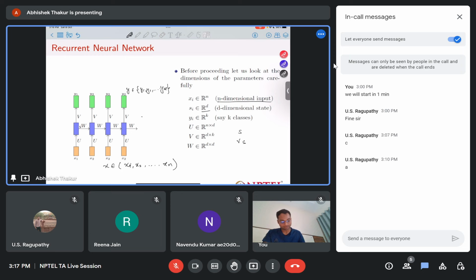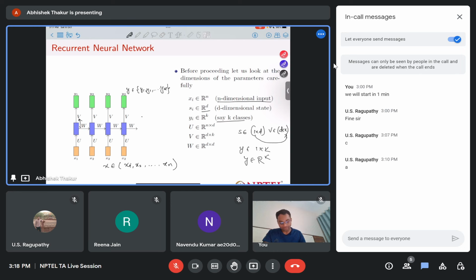S is 1 cross d, and this s is multiplied with v. When there are d rows in v, then only the d columns in s will multiply with d rows in v. So the dimension of v will be d cross k, and after you multiply, our output dimension will be 1 cross k. So output is k-dimensional, that is k classes.